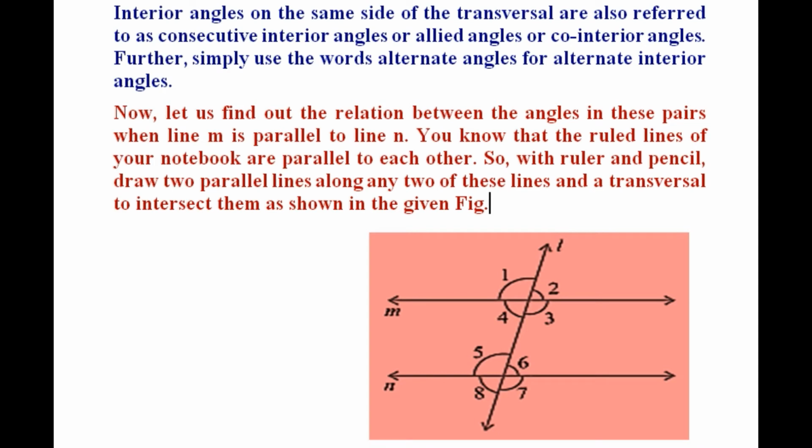Interior angles on the same side of the transversal are also referred to as consecutive interior angles or allied angles or co-interior angles. Further, simply we use the words alternate angles for alternate interior angles. So simply we can say alternate angles. Clear?